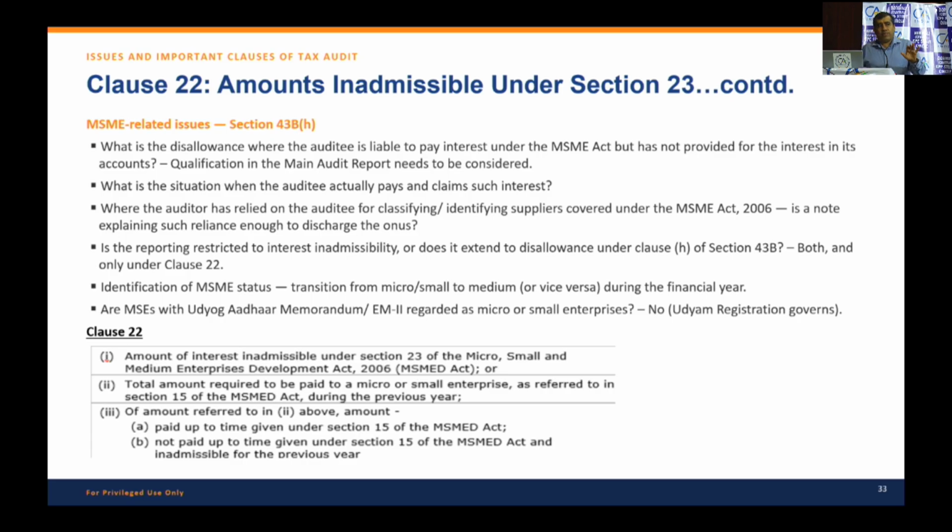See, the problem is we actually get away very easily by writing this. But as per the standards on auditing, as an auditor, what is your responsibility? SSC says that it has not maintained any data of MSME. How comfortable would you be in reporting in your statutory audit report, in terms of 3CB?